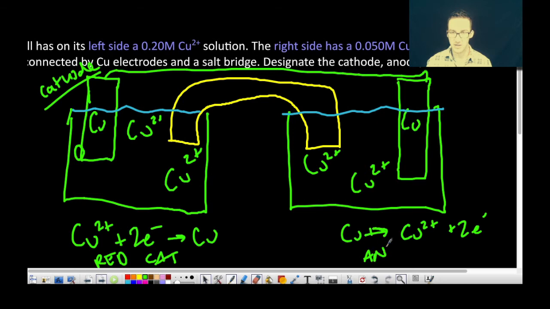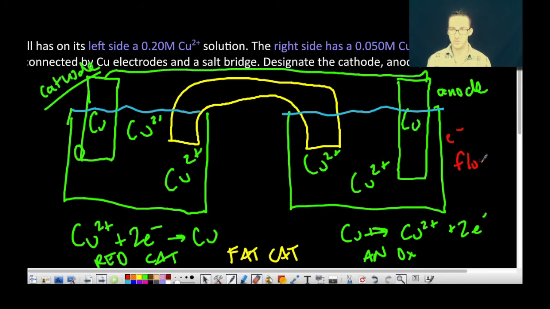This is going to be the anode. Oxidation is occurring here. For the direction of the flow, we think fat cat, from the anode to the cathode. So electron flow is going to be in this direction.